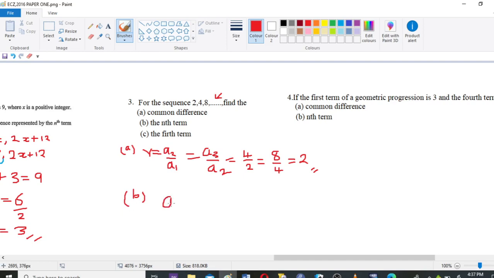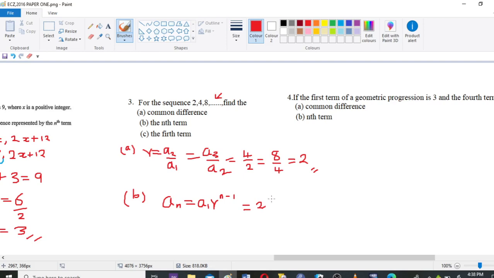So the nth term for a geometric progression, we use a_n is equal to a_1, which is the first term of the sequence, multiplied by the common ratio raised to the power n minus 1. So we want the nth term, which is simply the formula. We'll substitute what we have. The first term is 2, so we substitute a_1 with 2.